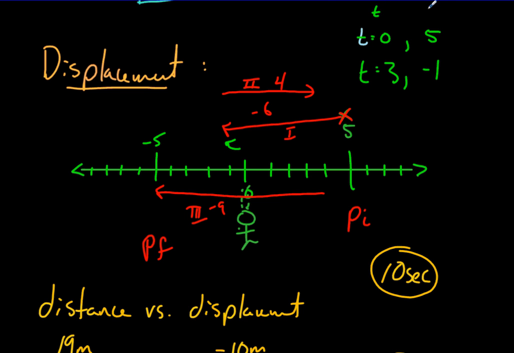So we can put time and we can put position here. Okay, so say at 6 seconds, the bunny's over here, and that was at 4. And then at the end, we'll say time equals 10 seconds. The bunny is now at -5. Okay, so here's the information that we're interested in putting onto a graph.